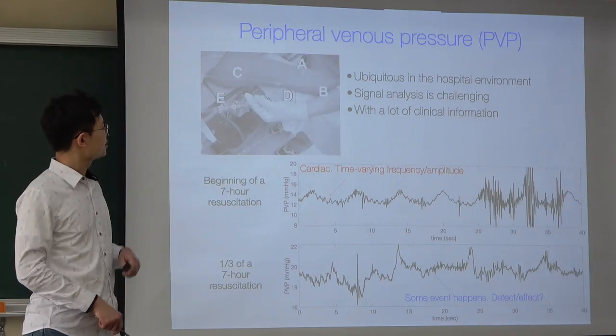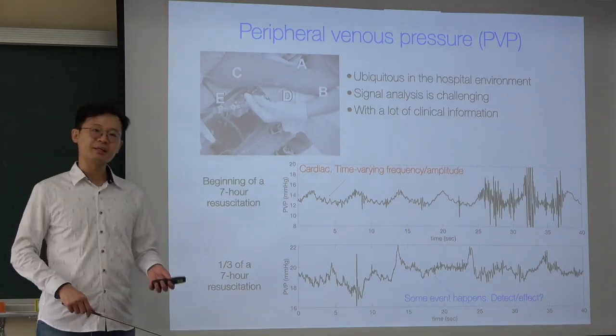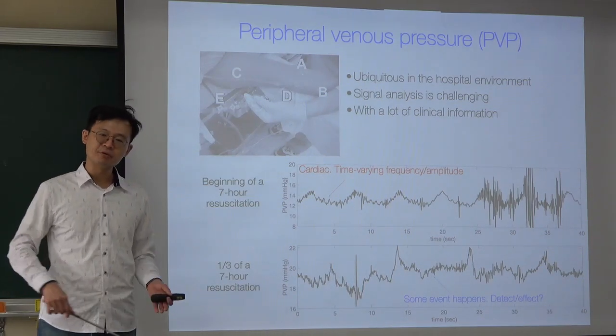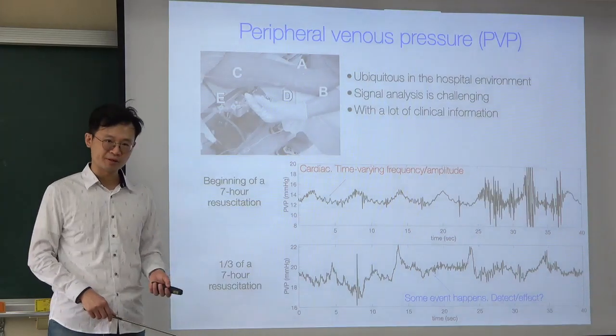And because of its challenging nature, even nowadays, in 2023, if you take a look at the signal processing part of this kind of signal, there may be not more than 10 papers.